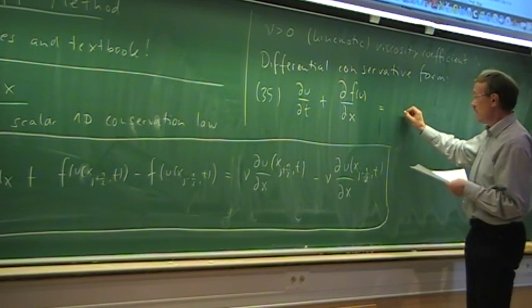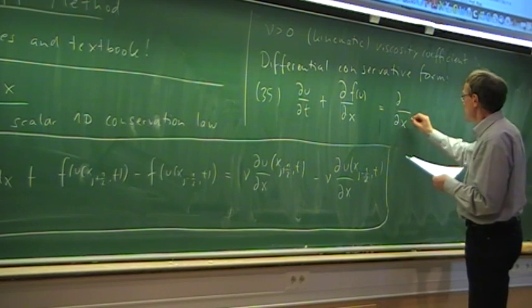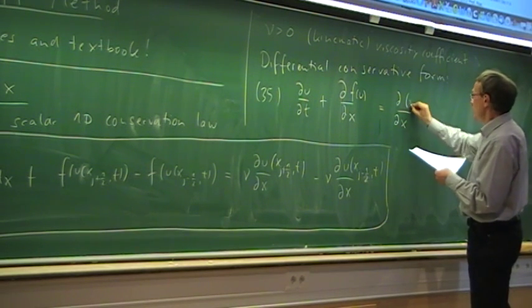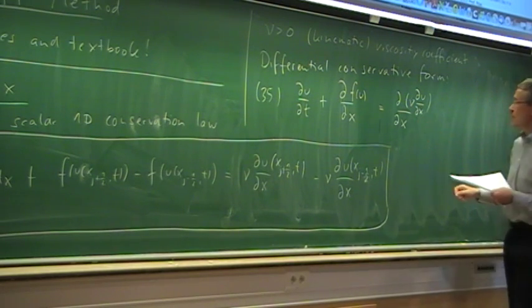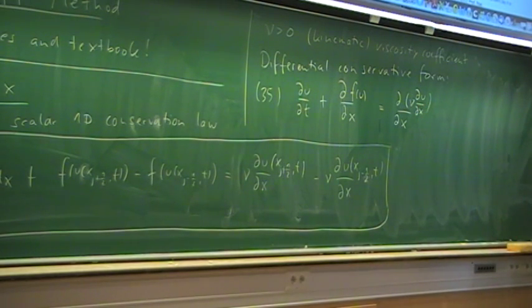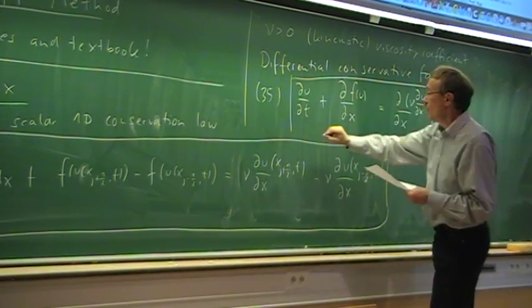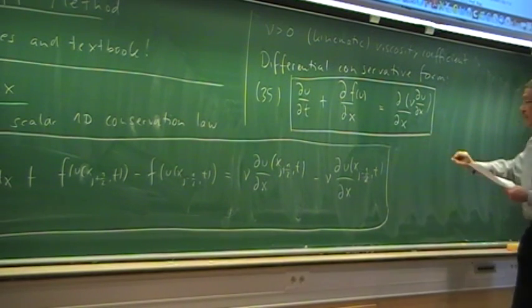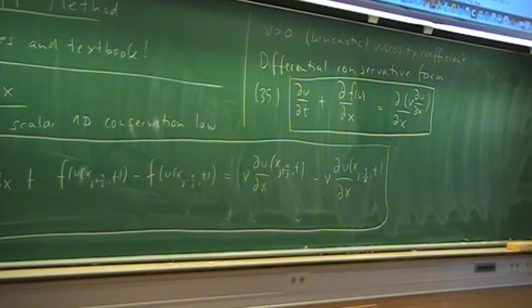So then we get here the d dx of mu du dx. And if mu is constant, we can write it in front. So that would be then the differential form of a conservative form of a parabolic conservation law.